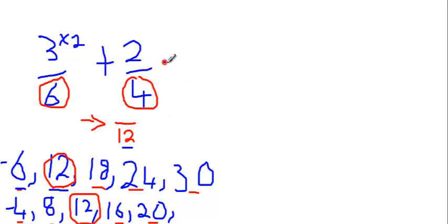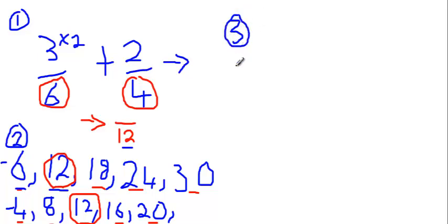So I'm going to draw an arrow and call this step 1. This was step 2. And now we're moving on to step 3 over here. I've put it over here so I can easily carry my numbers into the new sum.